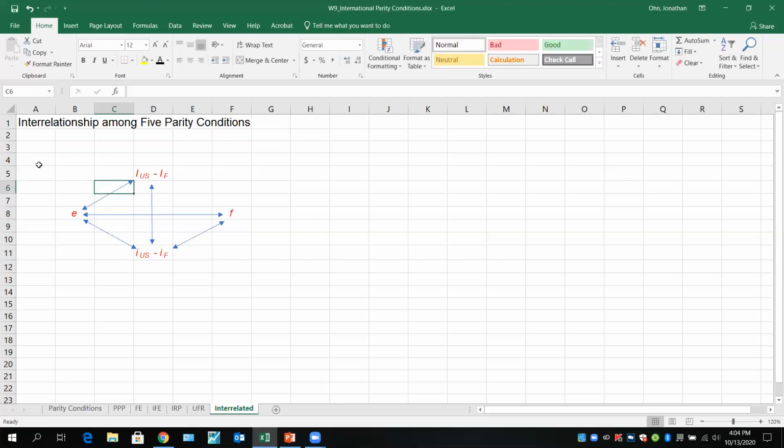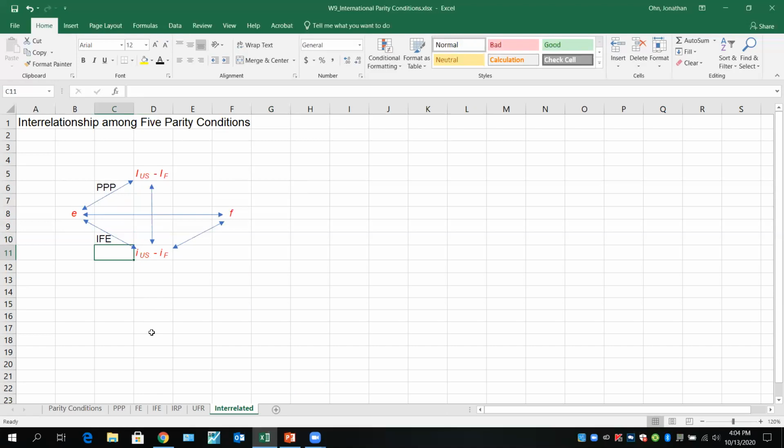That's purchasing power parity. Remember that? Purchasing power parity connects E and relative inflation. What about E and the relative interest rate? Which one explains that one? That's the international Fisher effect. Remember that, right?